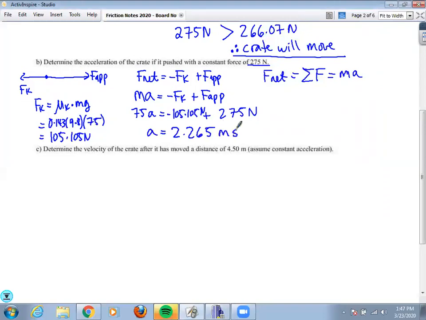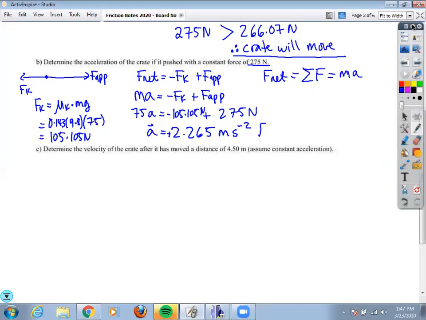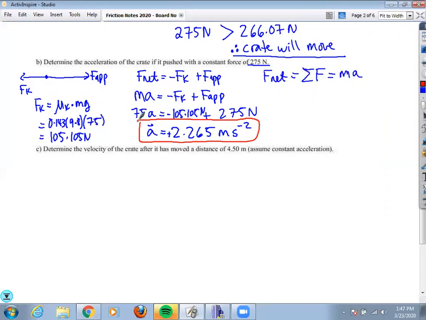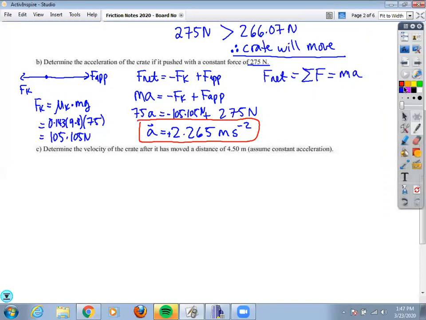That's positive, and we don't need to put the direction because we know it's positive. And we have just solved for the acceleration, and that was something we did in grade 11. So that should be a recap from grade 11 for horizontal force.